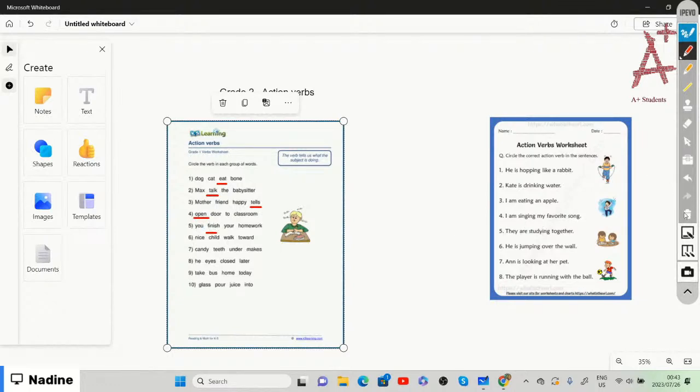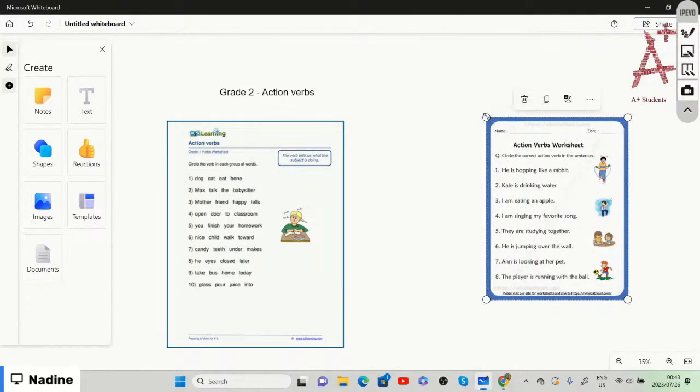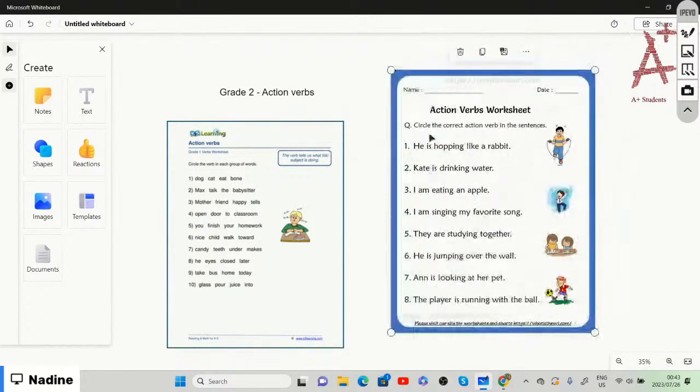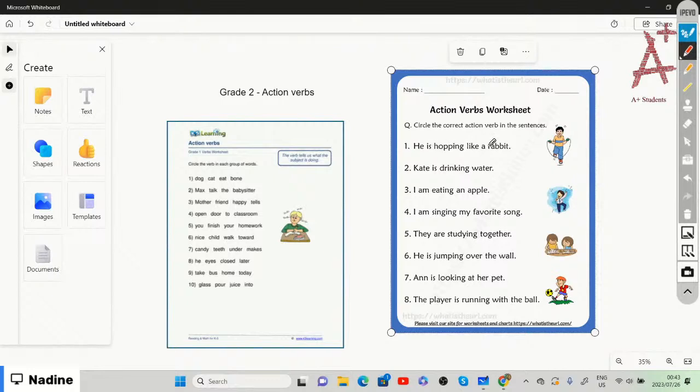All right, so now if we go to the action verb worksheets, it says we need to circle the correct action verb within the sentence. He is hopping like a rabbit. So if we select the correct action verb in the sentence, then we can say it is hopping, right? It tells us what he is doing.